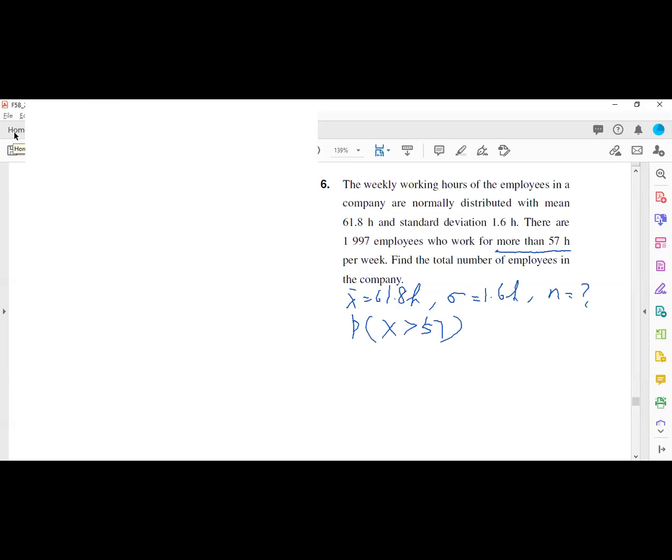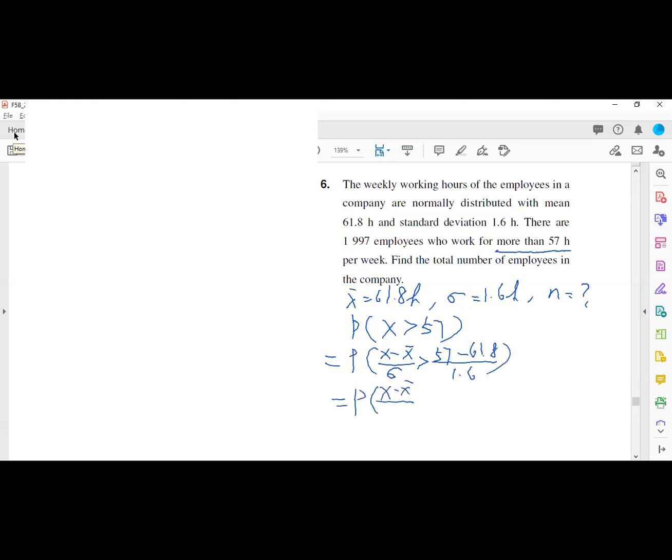There is no upper limit here. 淨係得個下限嘅啫，冇上限喎，係嘛？今次不過都係一樣咁做嘅。Okay, and then we subtract X bar and then divide by sigma, and for the number we use the number minus 61.8 divided by 1.6. Okay, and then you do the calculation.